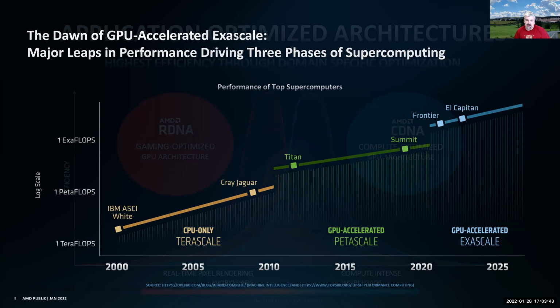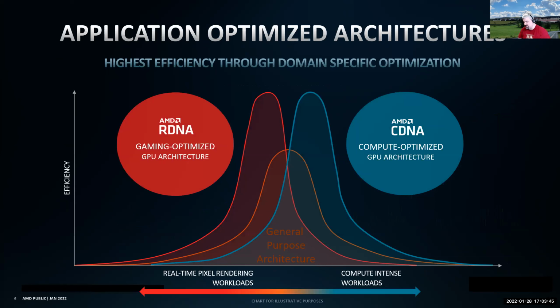And so what we did as part of this transition from petascale to exascale at AMD was we basically split the GPU product line into two separate product lines.